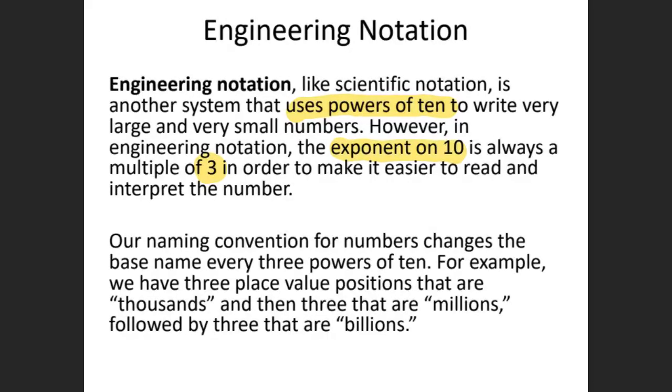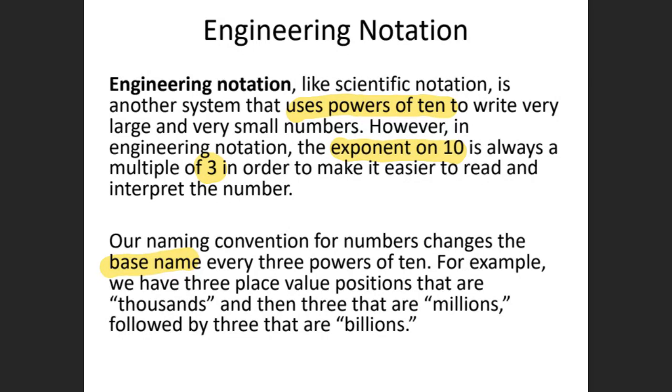Okay. Now, it says our naming conventions for numbers change the base of the number. The base is the number in front of the x to the power of 10. Okay. Now, when we see numbers like 1,000 and 3 that are millions or 3 that are billions, we have specific ways of writing them.